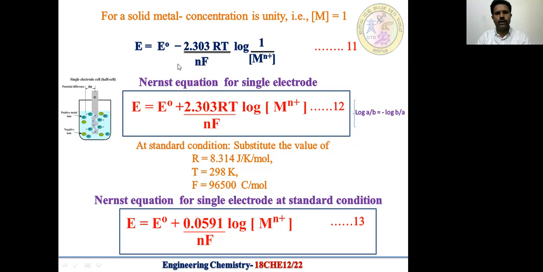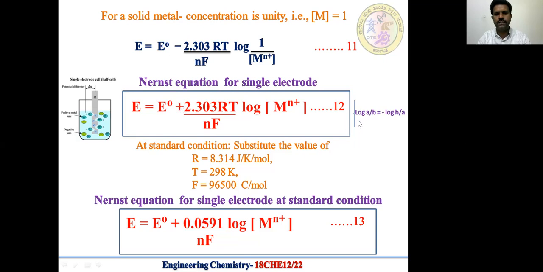The above equation 11 can be written as E is equal to E naught plus 2.303 RT divided by NF log of the concentration of M n plus. How did this negative sign change to positive?